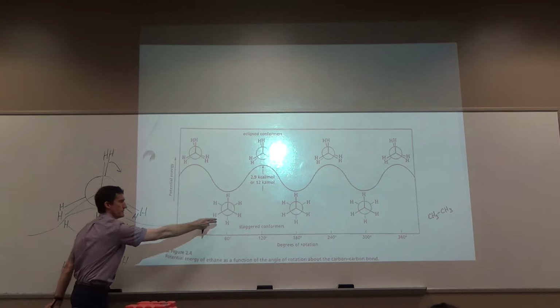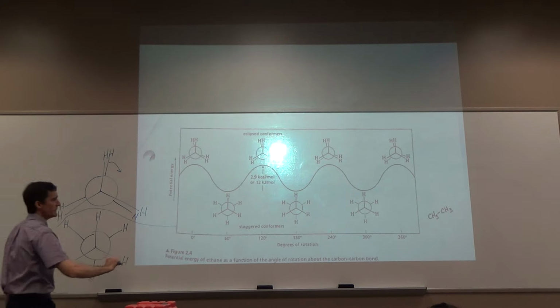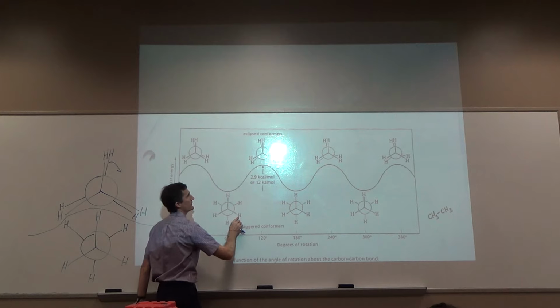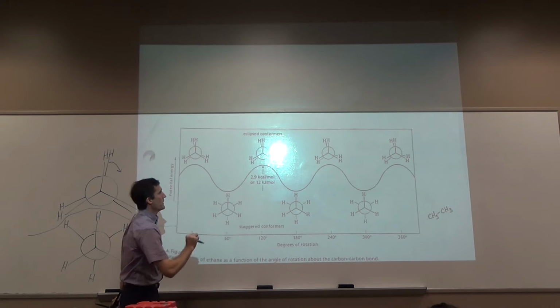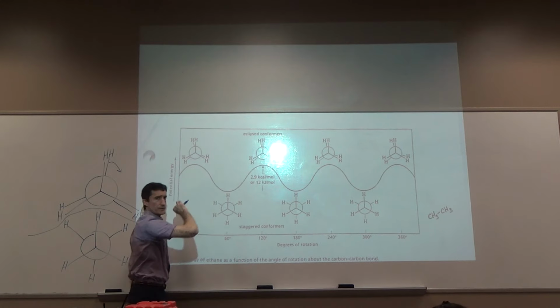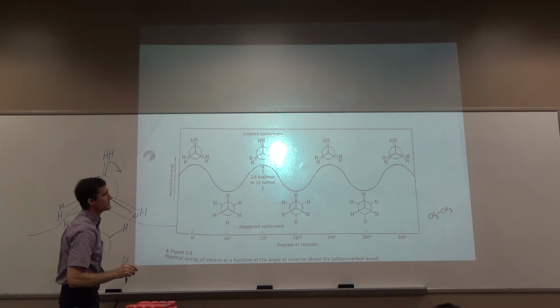This was the second one. So they're rotating the back 60 degrees. If they rotate the back another 60 degrees, what do they get? They get this eclipse. But that eclipse is no different from this one, because an H eclipsing an H is the same as an H eclipsing an H. Okay?